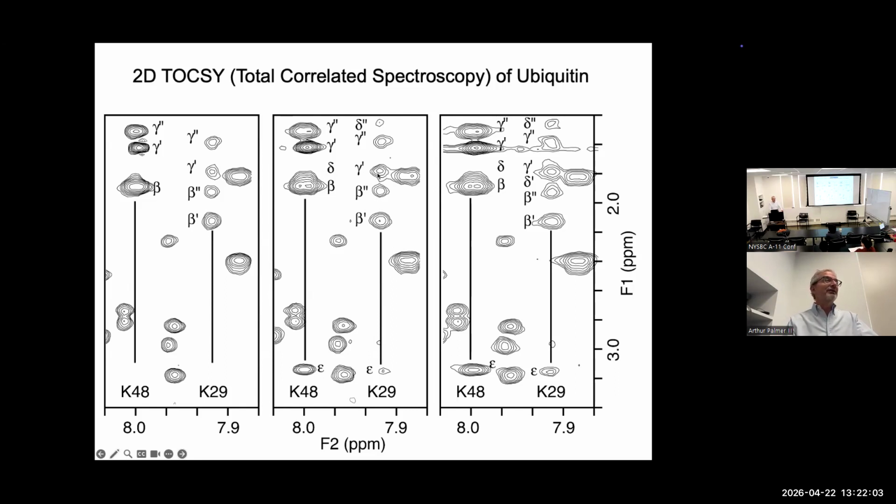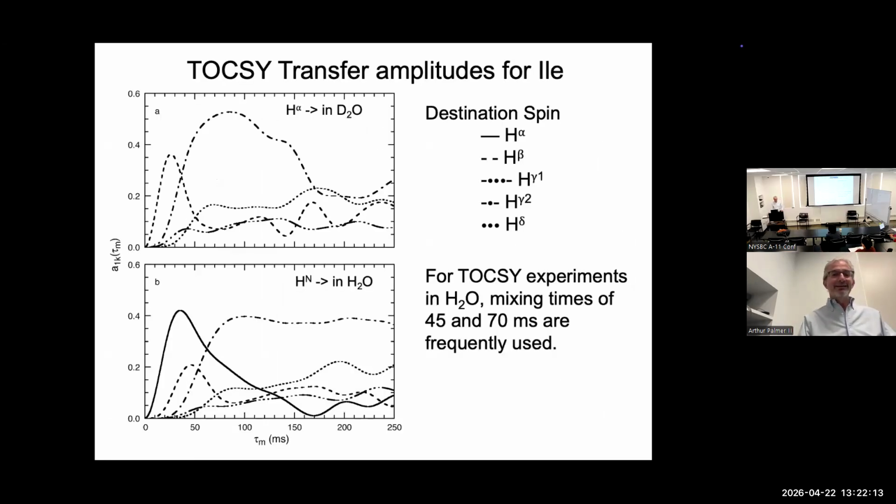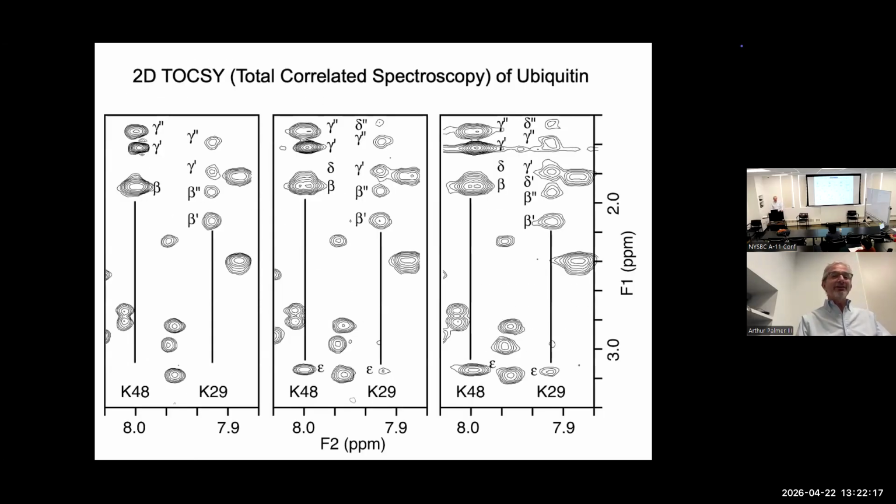But when you look at the shift distribution for these long side chains, there can be some overlaps. And in the TOCSY, unless you're very carefully looking at these kinds of curves, it's pretty hard to tell which of these peaks is which.